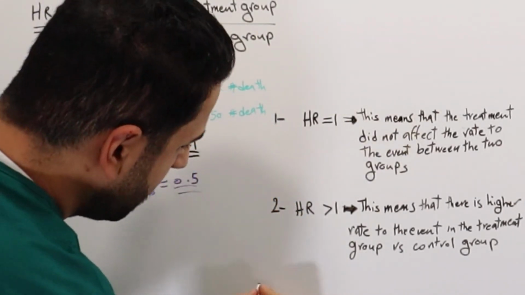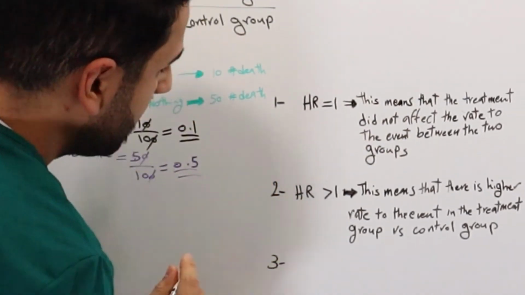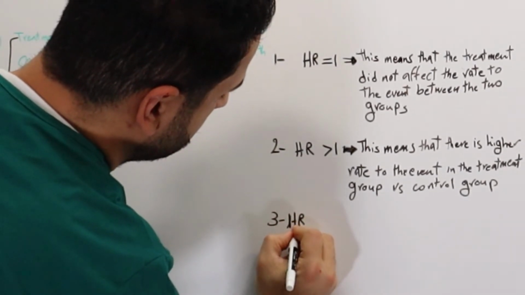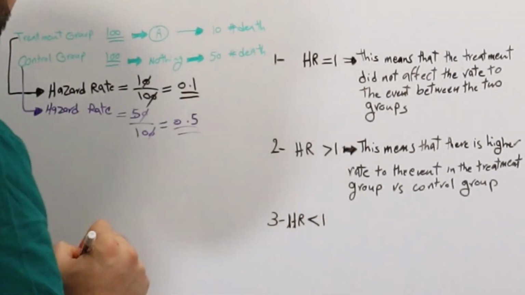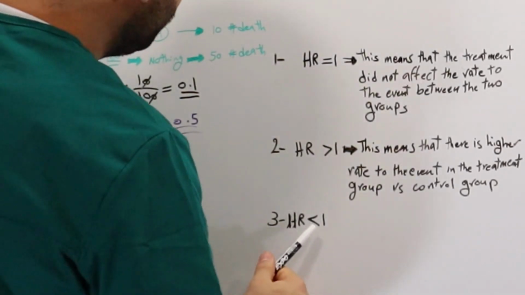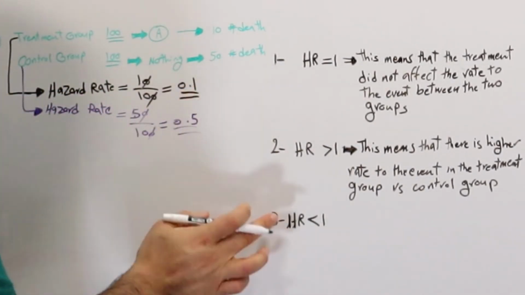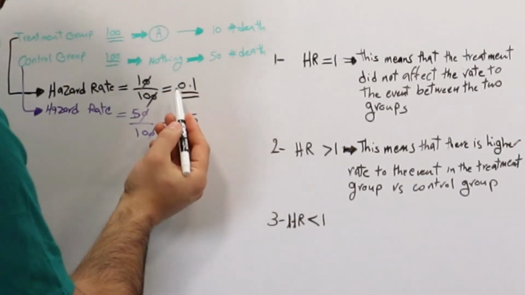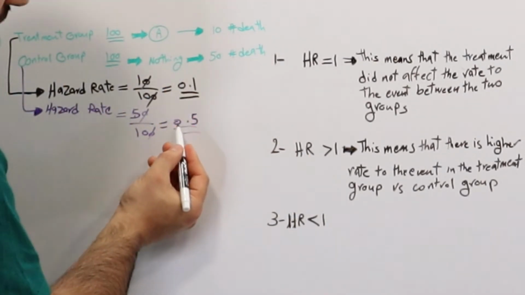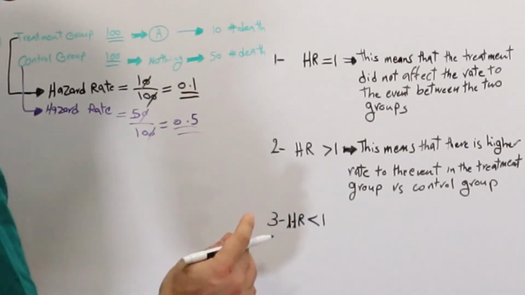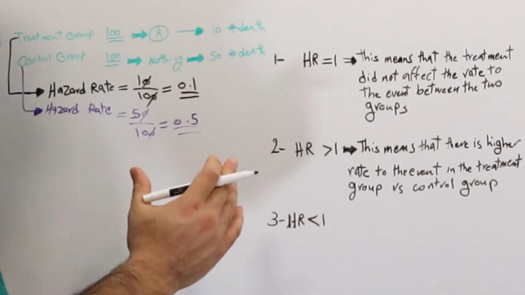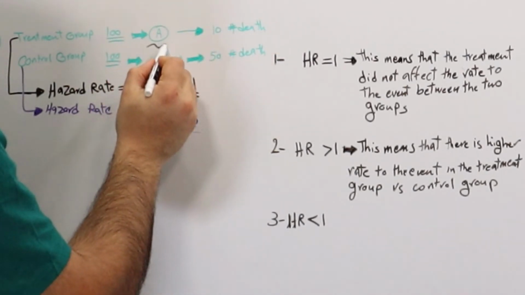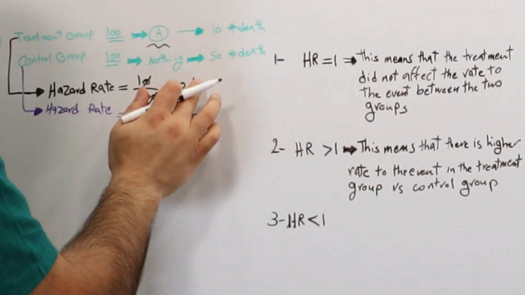And the third conclusion is basically if hazard ratio is less than 1. This example would literally apply in this case. The reason why it would apply is because 0.1 is smaller than 0.5, which means that because the treatment group took the medication A, we had fewer people die.